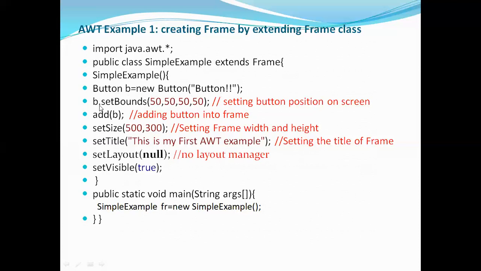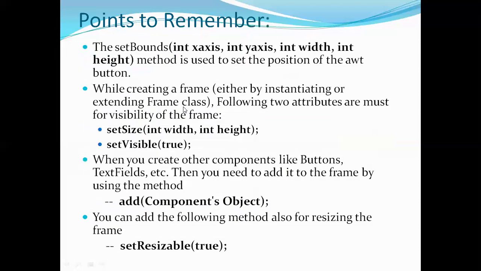Next thing is this button, that is b, we are setting some bounds for this button, means how this button should look like. So I'm giving four parameters here. What do these four parameters mean? Just observe, for setting bounds you are giving four parameters. What are those? X-axis, y-axis, width and height.